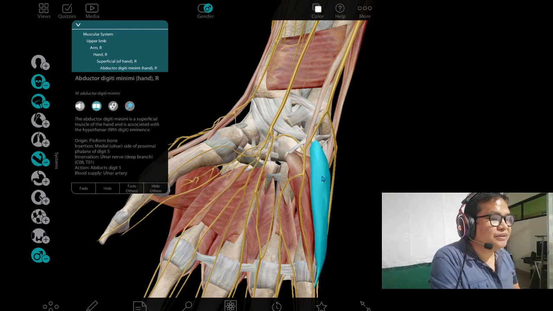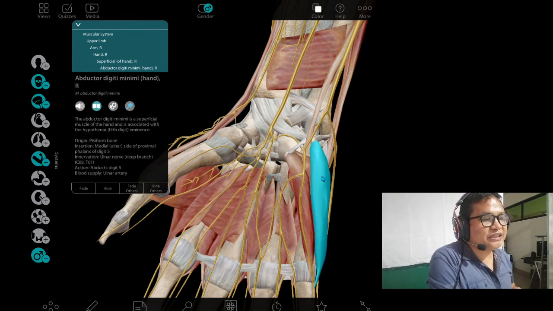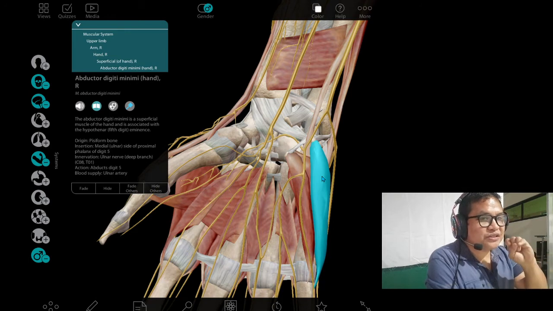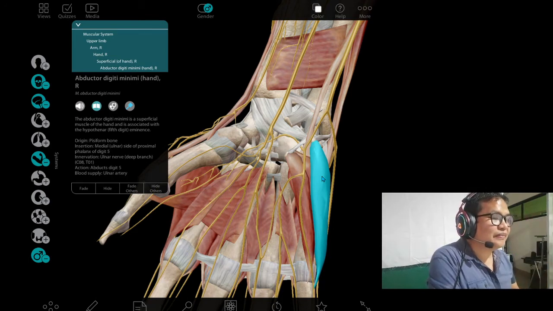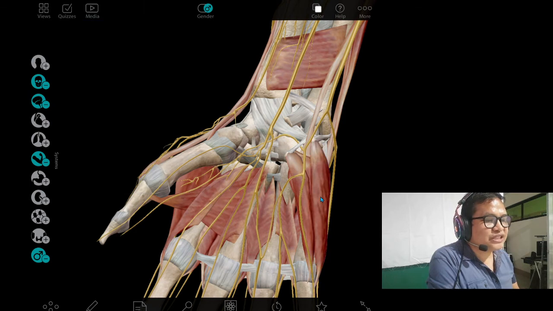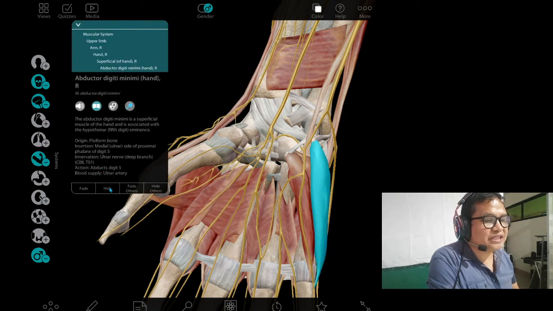So here we have also the abductor digiti minimi. It is responsible for abduction of the little finger. It originates from the pisiform and inserts on the medial side. The action is abduction of digit 5, away from the thumb.